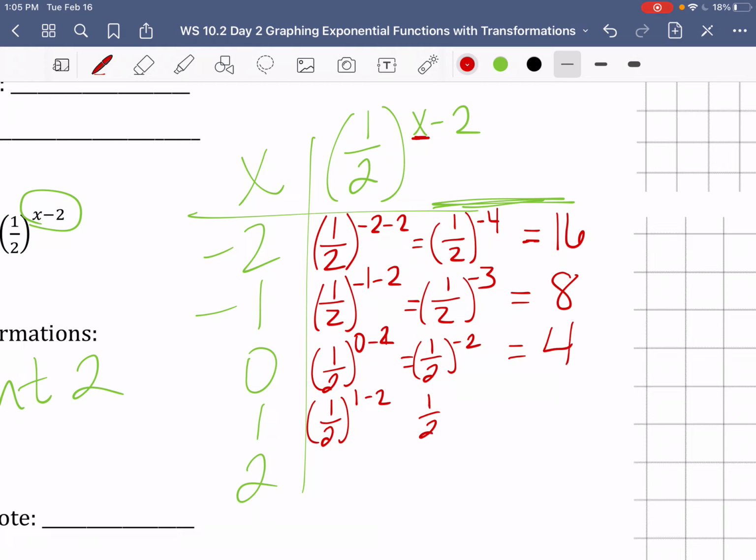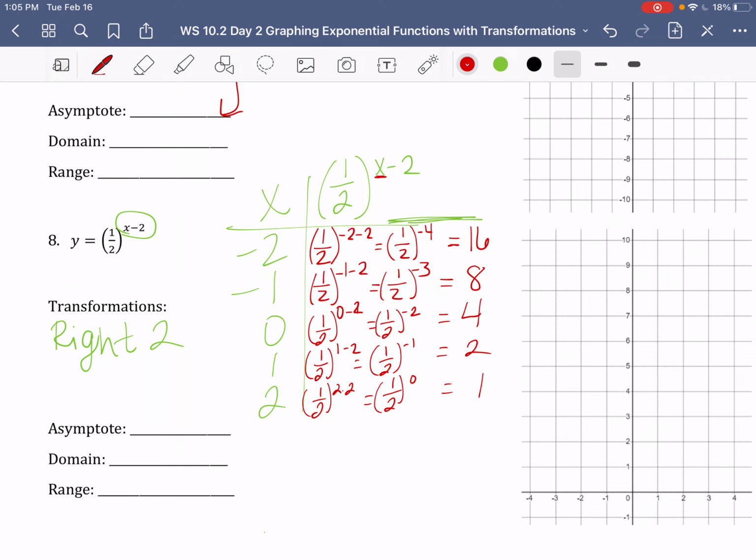Now, this is the next answer. 1/2, 1 minus 2 is -1, which is 2. And then 1/2, 2 minus 2 is finally 0, so that's giving us 1.